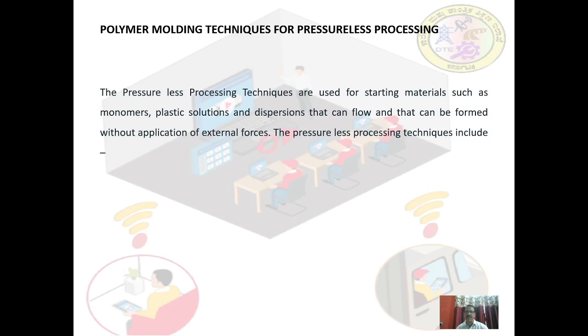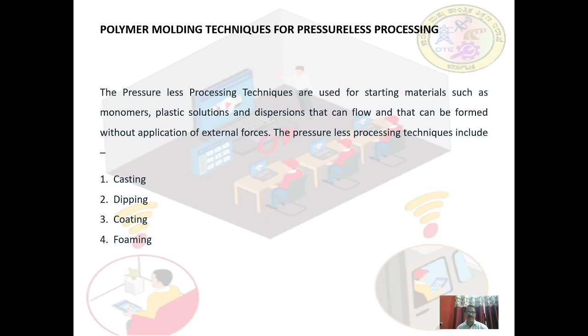The pressureless processing techniques include: number 1, casting; number 2, dipping; number 3, coating; number 4, foaming.